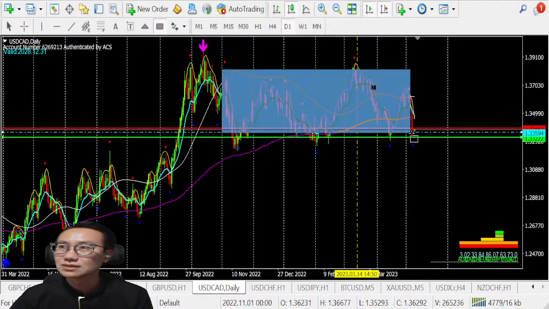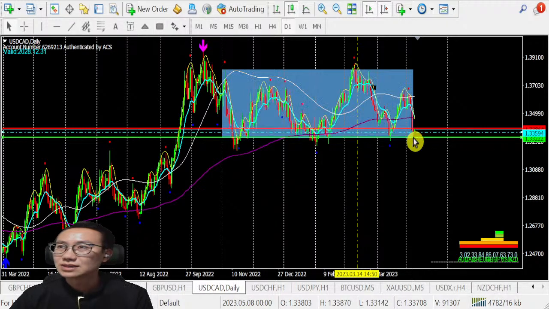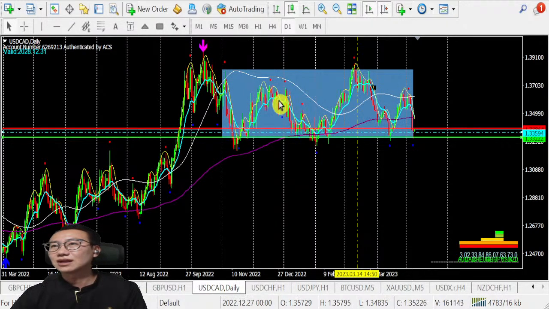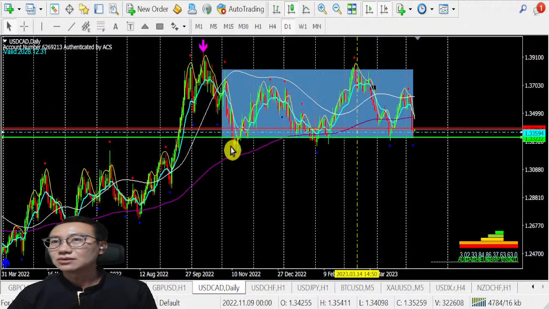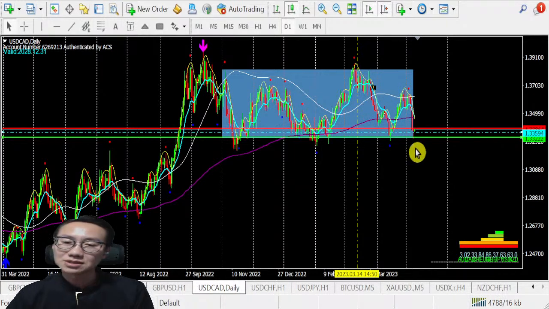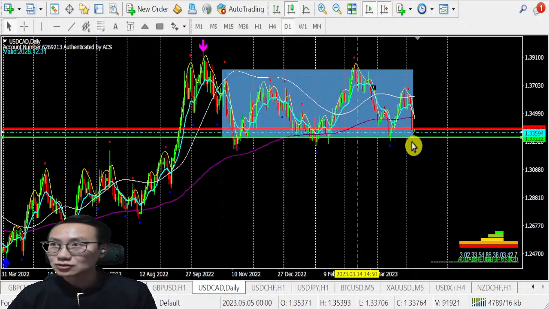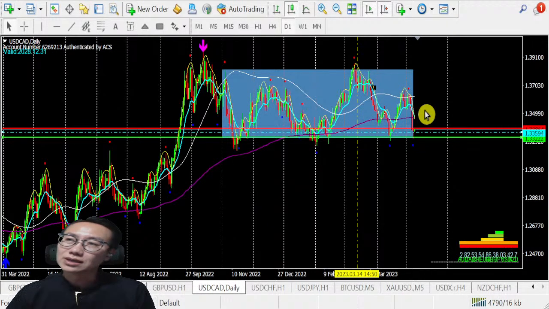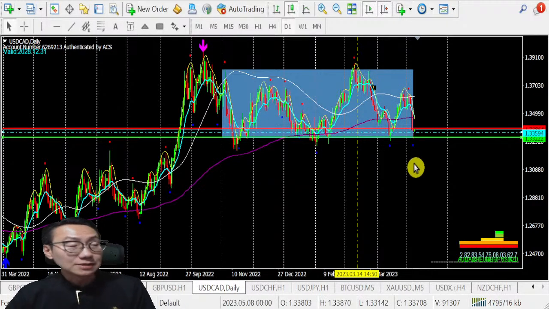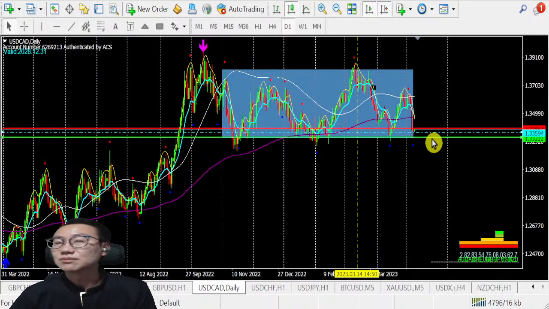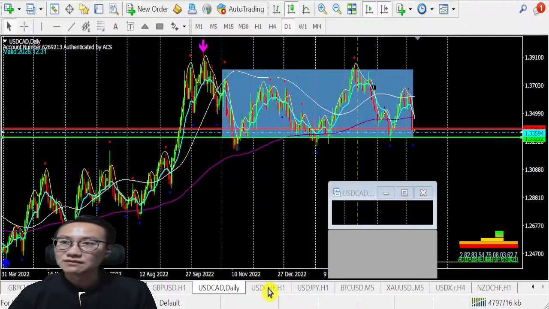It hits on the top, comes down to the bottom, hits back again, comes down to the bottom, hits back to the top and comes down to the bottom, and now we are hitting on the bottom. So what's next? Very likely it's going to move towards the north. Or when it comes back to break the support, then we will be able to continue the selling. If you're asking me, I will be looking out to sell down after it breaks the support. So dollar CAD, I'm going to give this a miss.